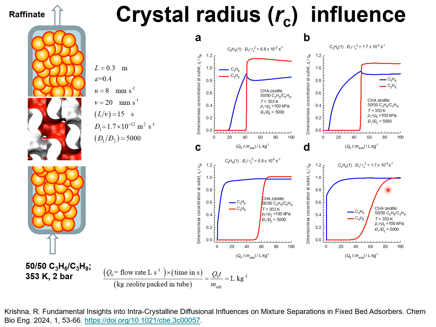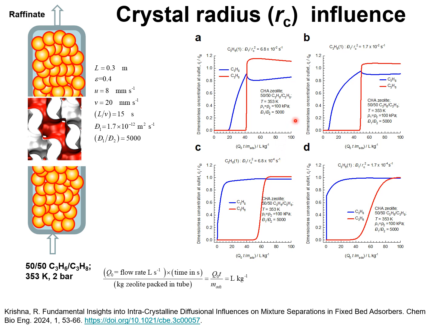So diffusional influences have two effects. The extent of roll-up for propene decreases, and furthermore, propane breaks through earlier than propene.